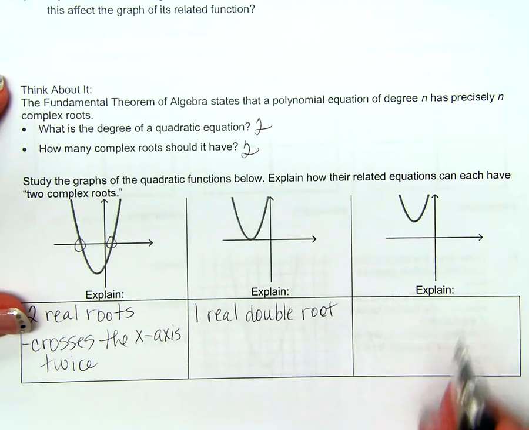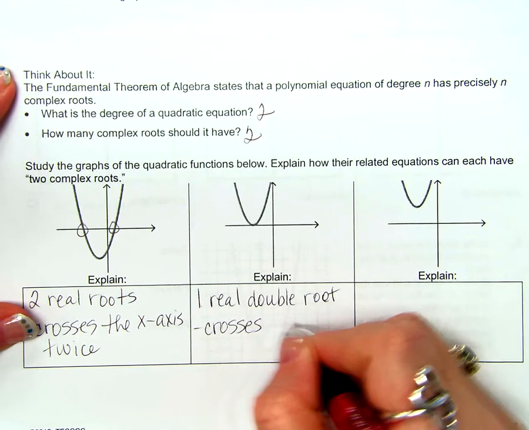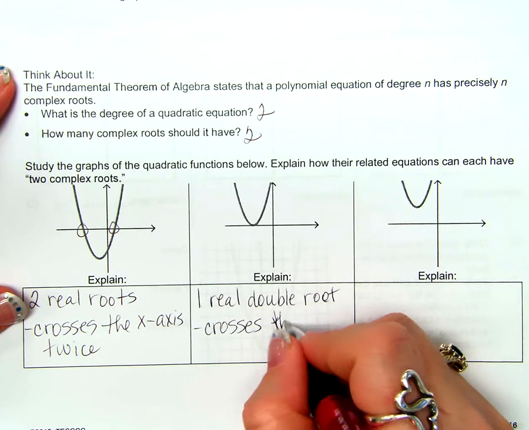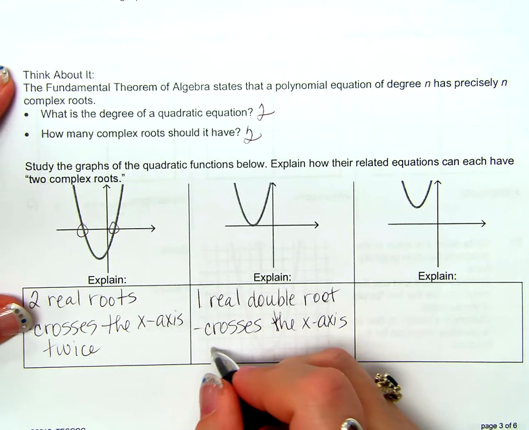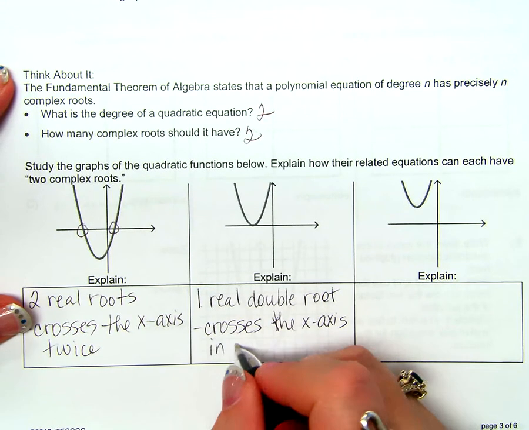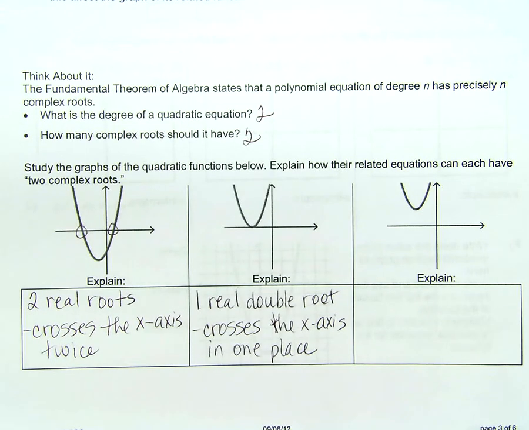Why does it have one real double root? It crosses the x-axis in one place. Yes? Okay. And what about this last one?